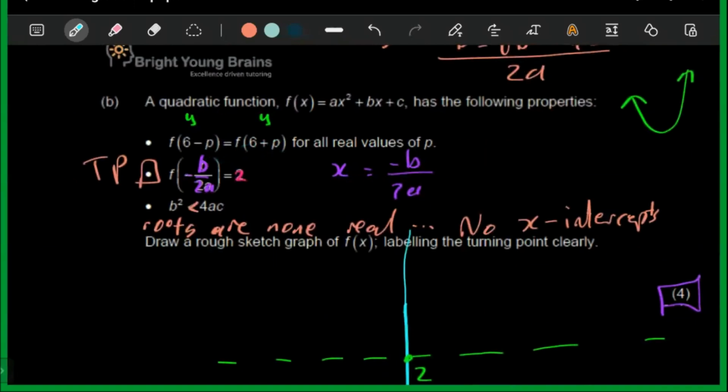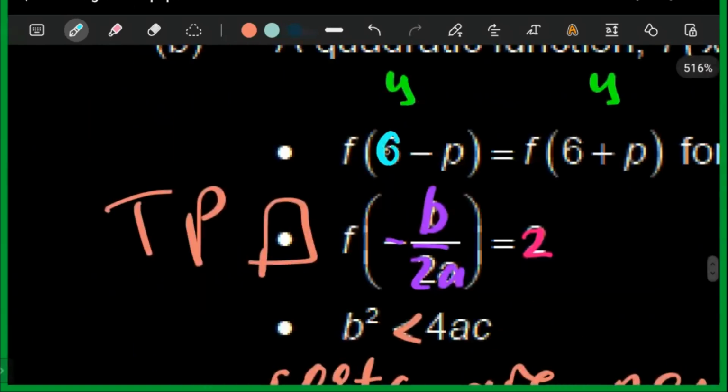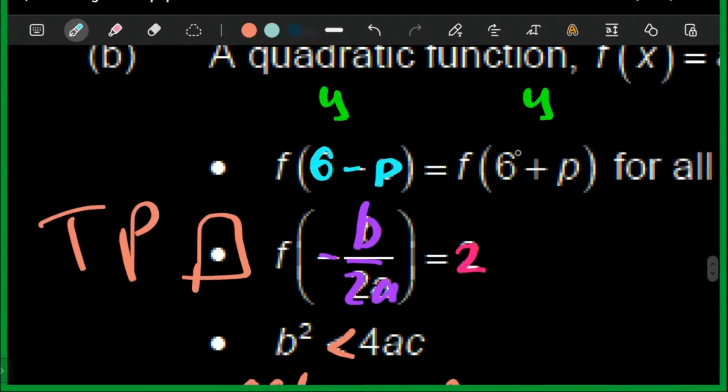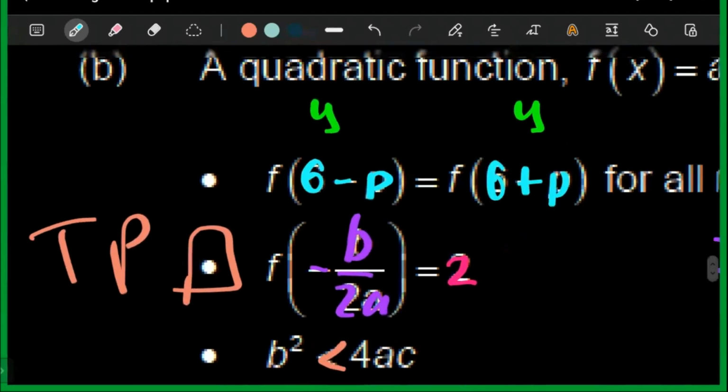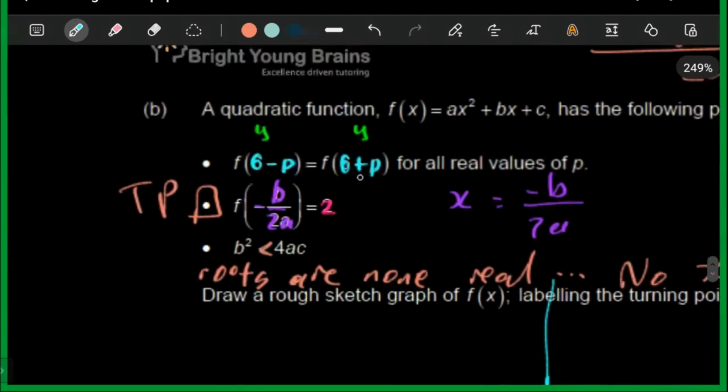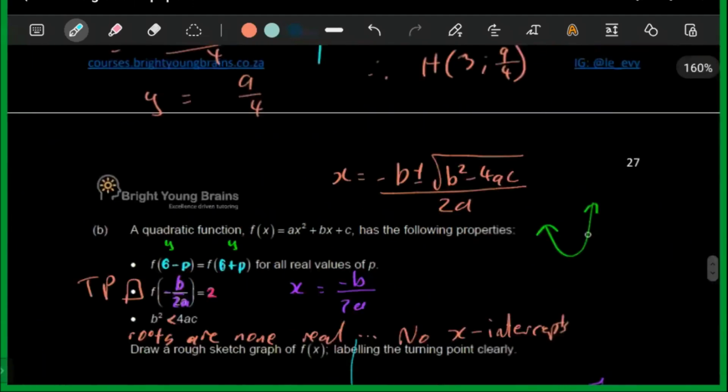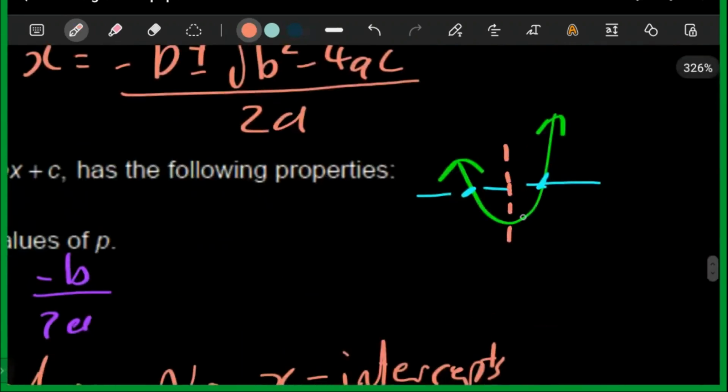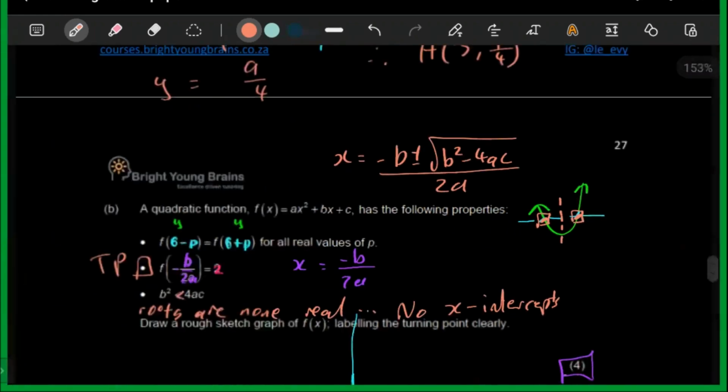Okay, so it basically means, oh yeah. If this is a specific x value and this is a specific x value, it just means that this is an x value somewhere on the graph, and this is an x value somewhere on the graph also. They have the same y value, you see. So if that's the case, you have to remember your turning point is always in the middle of two values on your parabola.